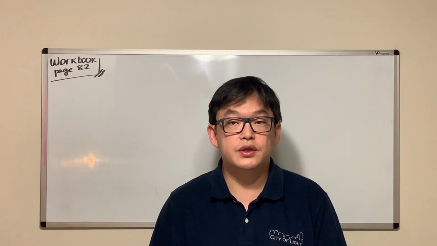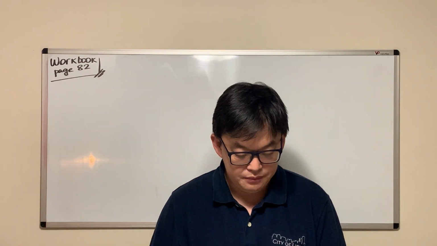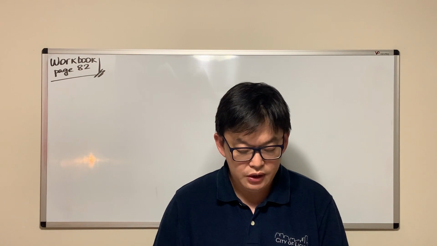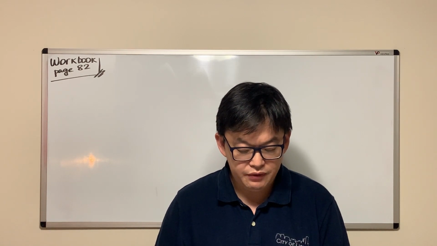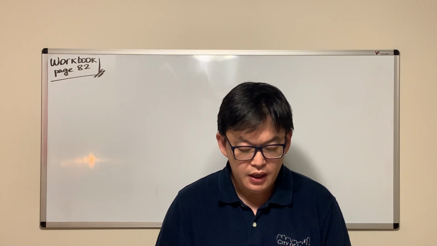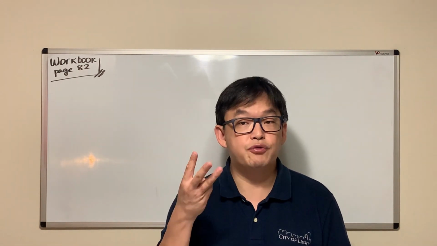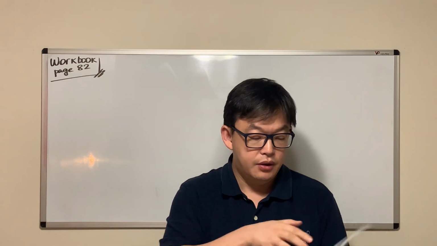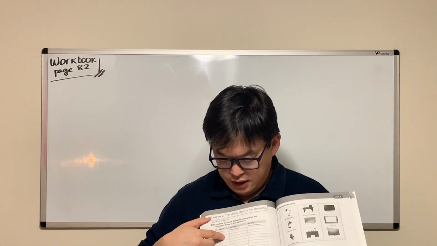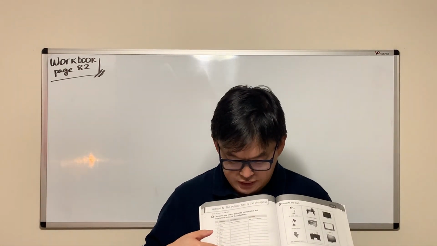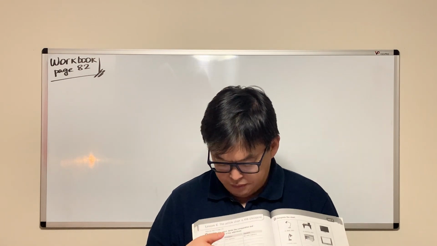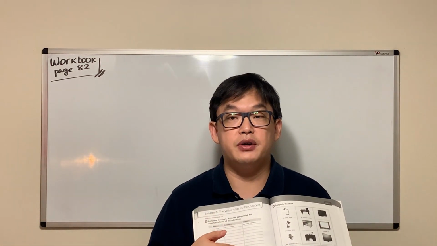So look what the exercise is asking. Complete the chart. Write the comparative and superlative forms of the adjective. So you have 3 columns here. One column, you have the adjectives. The other column, you have to write the comparative.